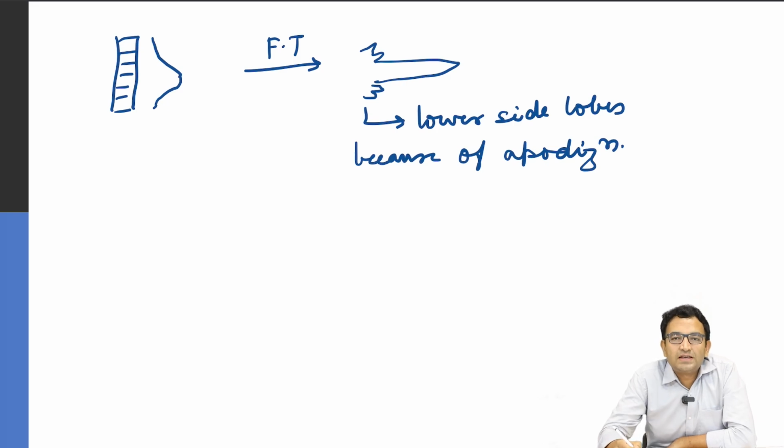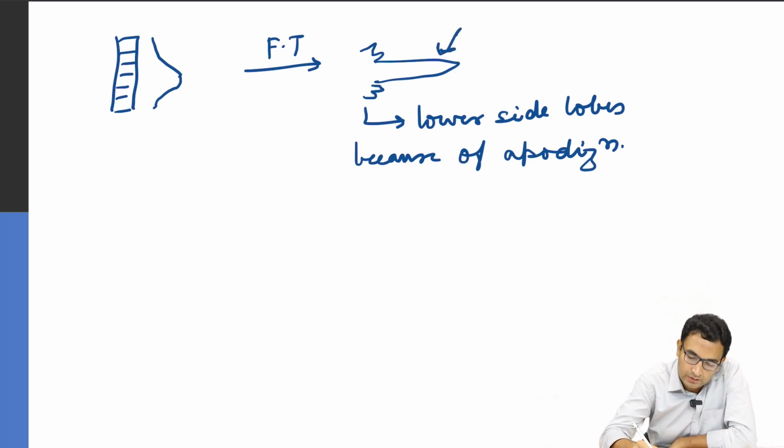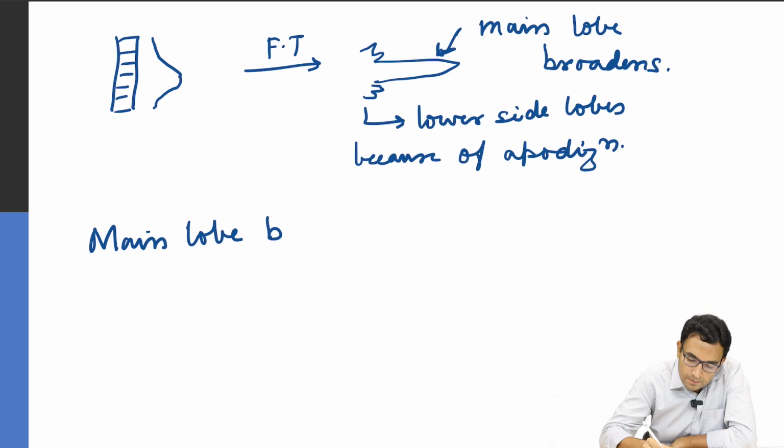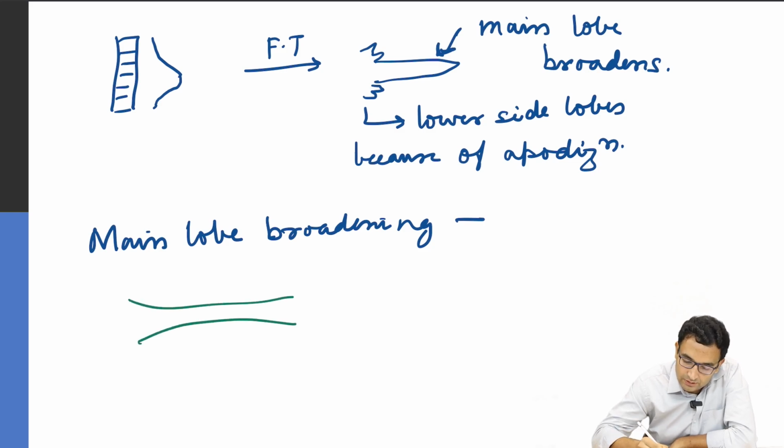But as it turns out in signal processing, it's always a trade-off. To gain something, you have to lose something. So what do we lose here? It turns out the main lobe broadens. Okay, so what's the challenge with main lobe broadening? If you recall the lateral resolution, right?